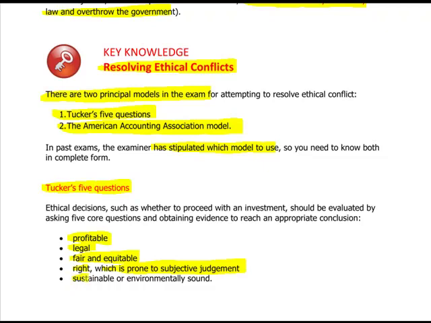Will it be sustainable or environmentally sound? Will it benefit the planet and the future humans that will come onto the planet? So that's Tucker's five questions about ethical decision making, and I'll finish off the rest of the chapters in the final recording.